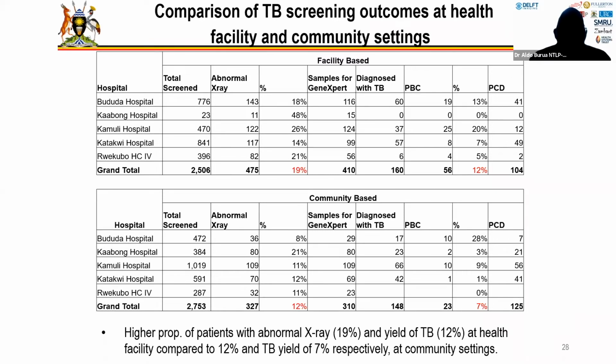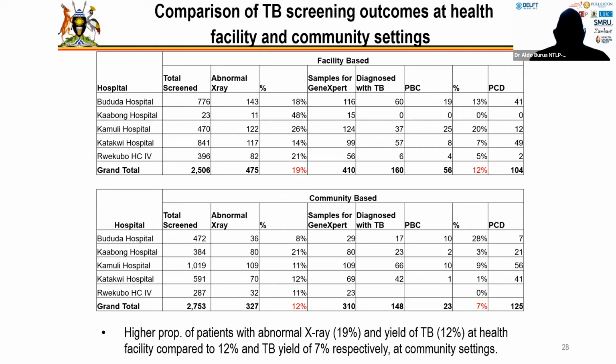Out of that 2,753, 327 had abnormal X-ray, which is 12% of those who were screened. And from those, 310 had samples examined in the lab, and 148 TB patients were diagnosed. Out of the 148, 23 were bacteriologically confirmed, which is 7%, while 125 were clinically diagnosed.